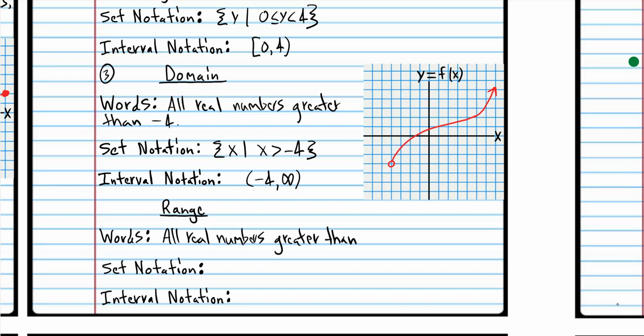And by the way, the reason that the x values could be anything bigger than -4 is because we're assuming that this graph just keeps going to the right. We're also assuming that this graph keeps going up. So the range is all real numbers greater than -3, because this point here has a y value that's equal to -3. In set notation, we say the set of all y values such that y is greater than -3.